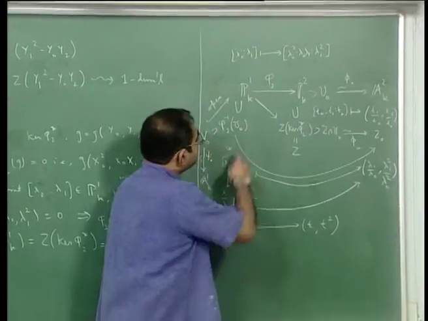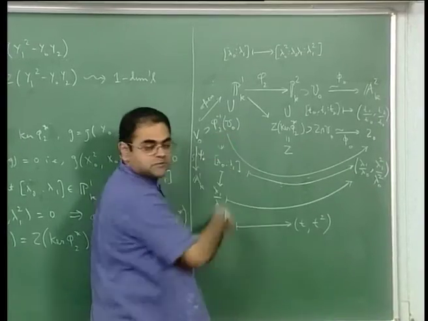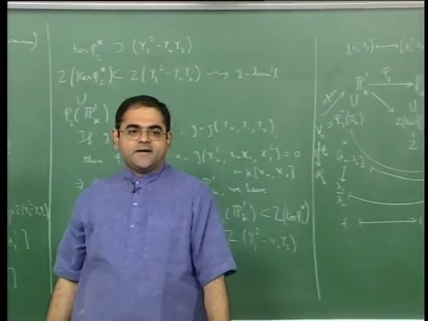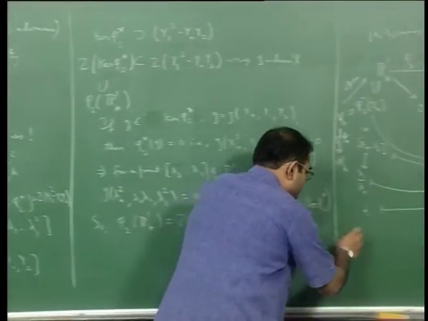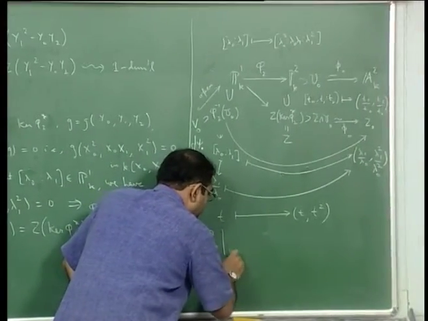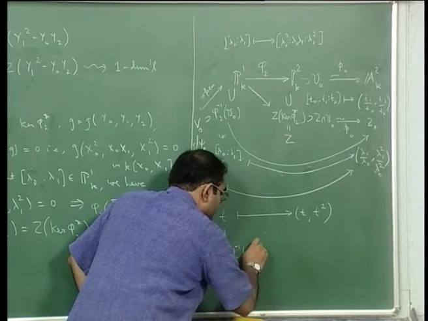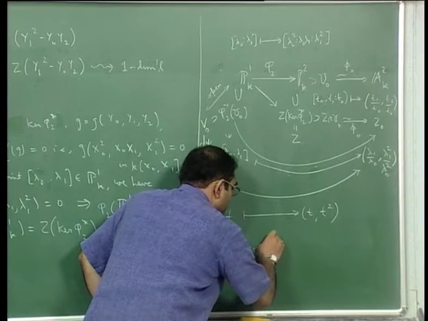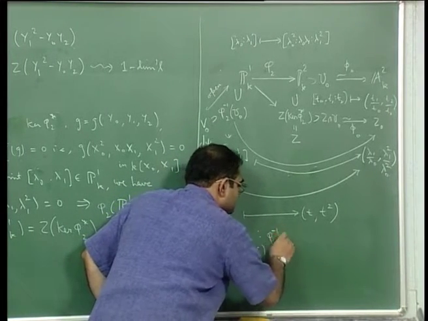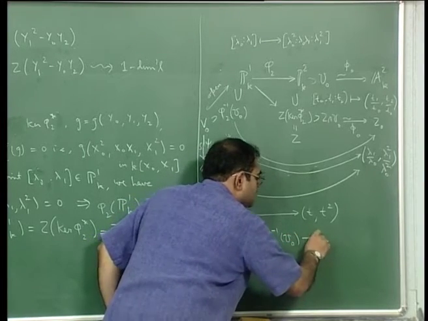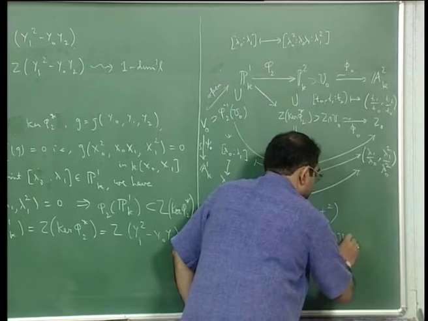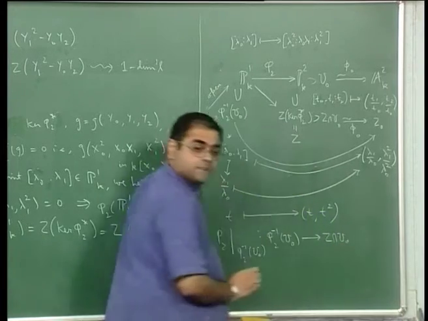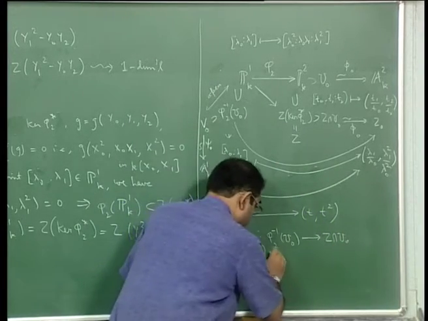So the moral of the story is that phi 2 restricted to phi 2 inverse u naught, from phi 2 inverse u naught to its image, which is z intersection u naught, is a morphism.